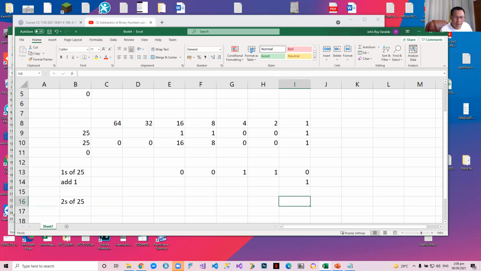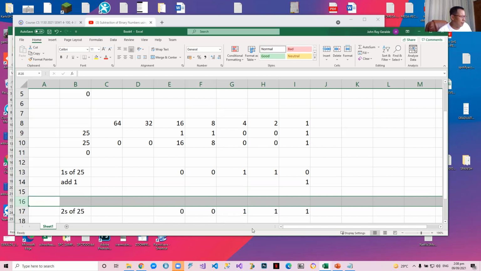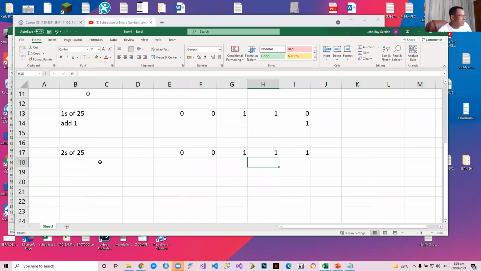Okay. 0 plus 1. 1. So this will be 1, 1, 0, 0. The trailing and the leading zeros are important. Okay. They're important. We do not miss them. I'm sorry. Because they were actually converted from ones. Okay. So this is 25.